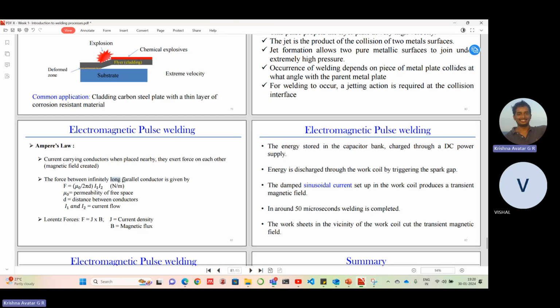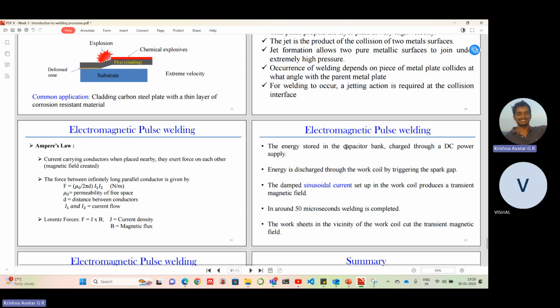For two infinitely long parallel conductors, this is the relation of the force to the separation distance between the conductors and the currents passing through the individual conductors. Due to the current flow and the magnetic flux, it also results in a second type of force, known as Lorentz forces.